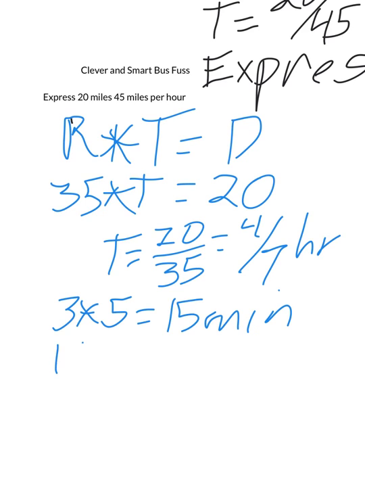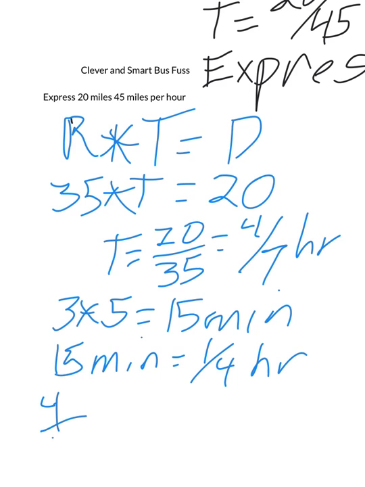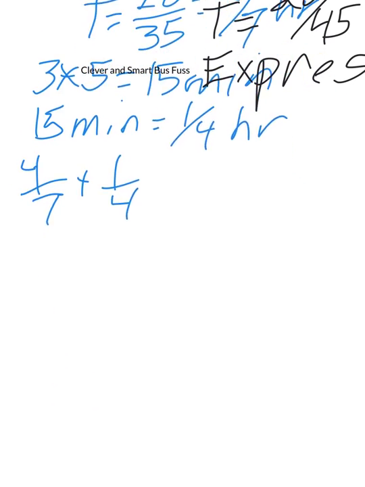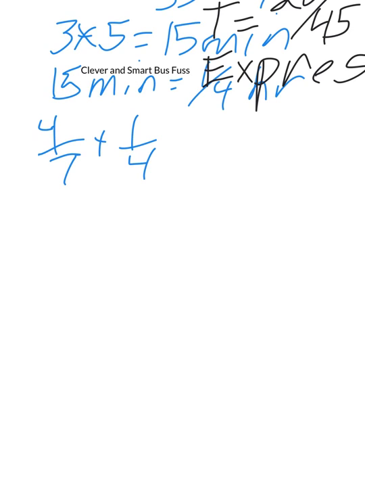And 15 minutes is equal to 1/4 hour. And so we need to add 4/7 plus 1/4. So let me give myself a little room here. Put this up to the top.